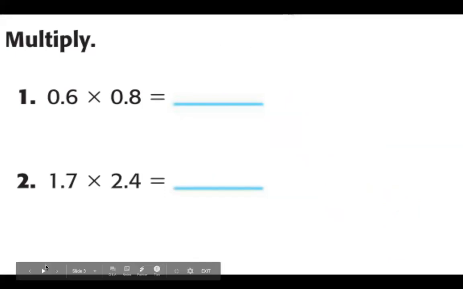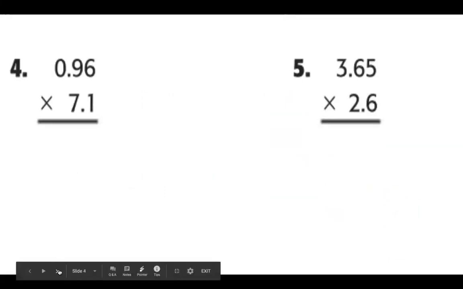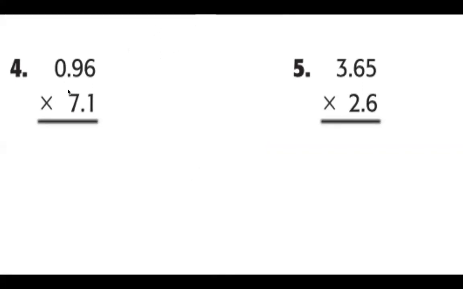Okay, let's look at our next example. We're getting a little bit bigger numbers here, but that's okay, because that's not going to change the steps that we do. So on this one, we have 96/100ths times 7 1/10. So let's count our decimals first. In 96/100ths, I can see that there are 2 numbers behind the decimal. I have the 9 and the 6 there.